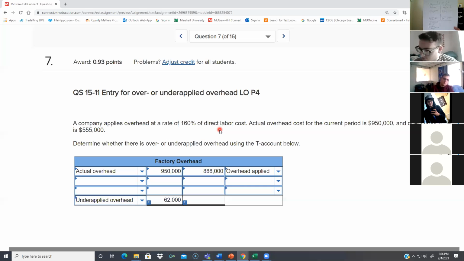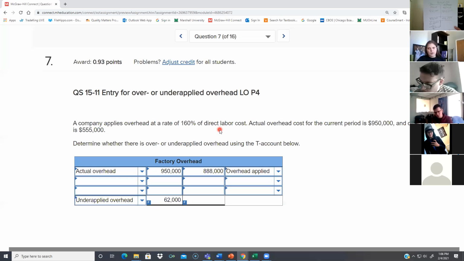Yes. Do you know how to close an account? What does closing of an account mean? You should know it from 201. We've got to zero it out. You balance to zero. So you've got a debit balance of 62,000, right?